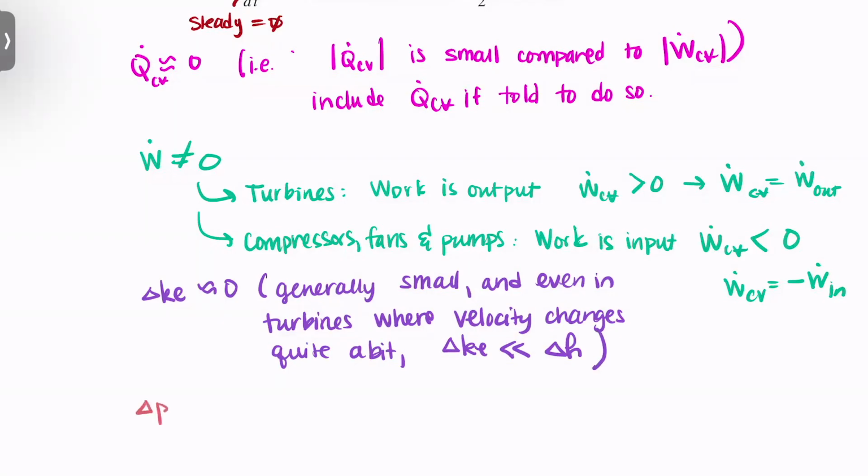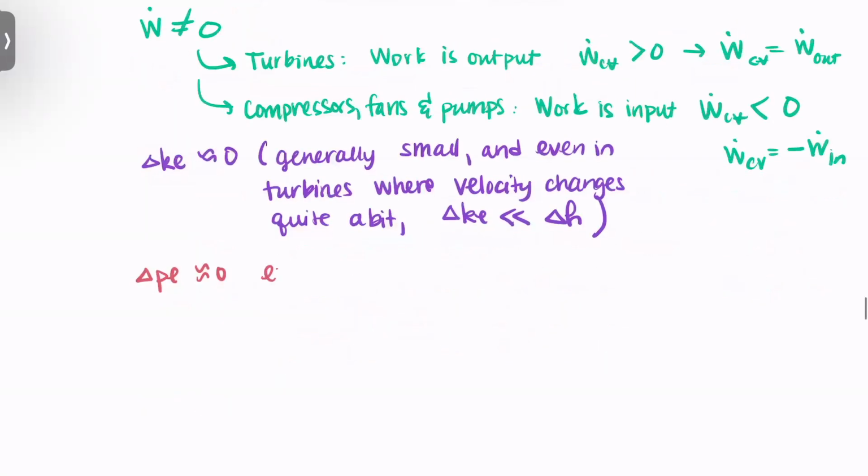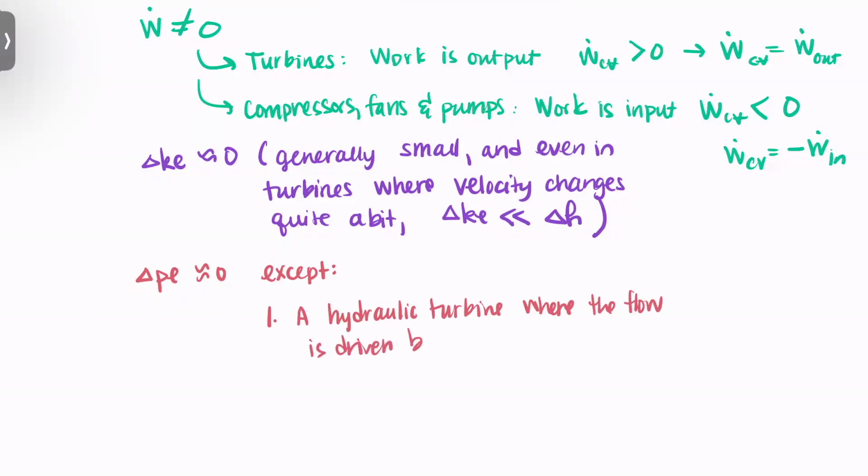Potential energy, we're also going to generally say is about 0, except for a couple of important cases. One exception to this would be a hydraulic turbine where the flow is driven by elevation changes, like at Niagara Falls. All right, probably not going to neglect potential energy in that case.